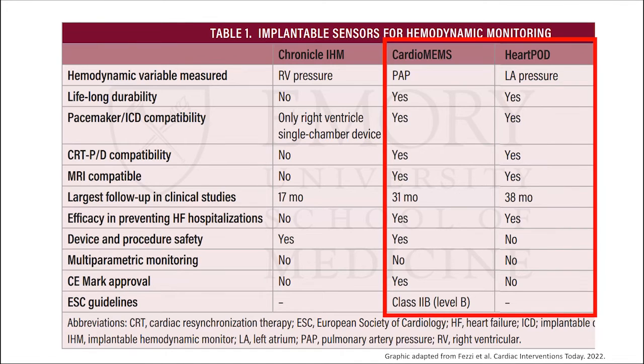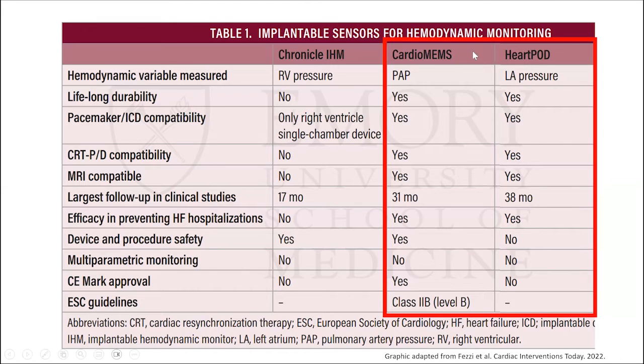Putting all this together, I like this chart to look at the evolution and what has been tried and what has resulted of it really over the past 20 years. And of course, keep in mind, there's more in the pipeline, but we've explored RV pressure monitoring, pulmonary artery pressure monitoring, and then direct left atrial pressure monitors.